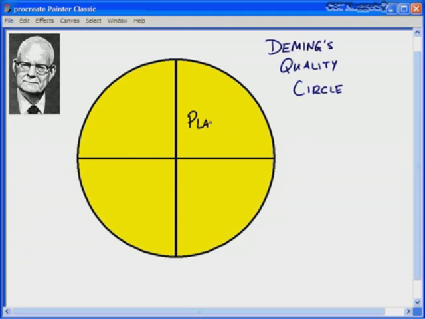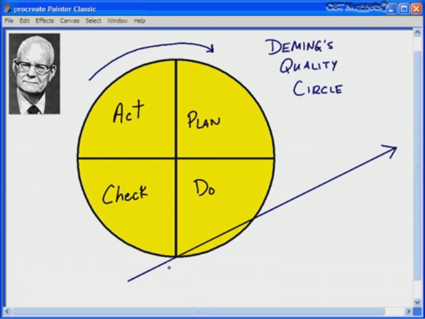So he developed a simple cycle called PDCA. So we've got P for plan, we've got D for do, we've got C for check, and we have finally A for act. And so we want to remember that. Now, remember the continuous improvement process, the circle is kind of running this way.